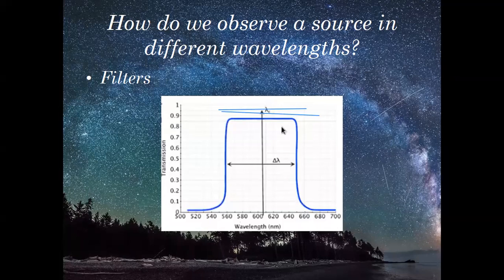Now you can see there was one term called lambda c, right? This lambda c is basically the critical wavelength, the center wavelength. Like from 560 to 650 approximately, it is somewhere centered around 610. This delta lambda is the range of wavelengths which can pass through a particular filter.